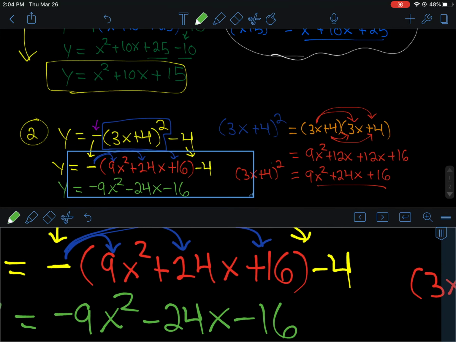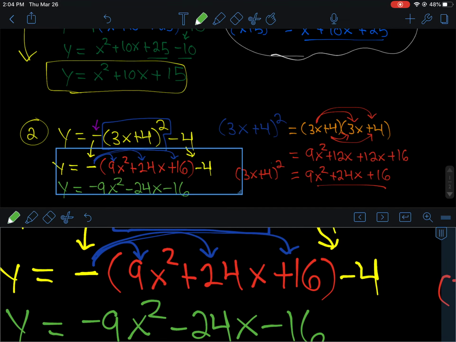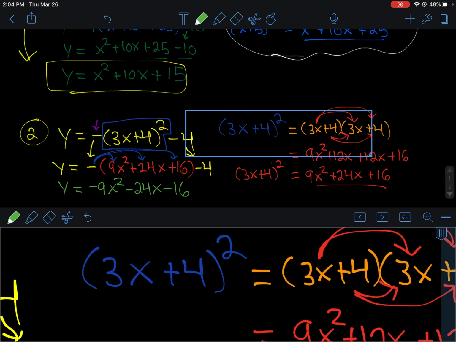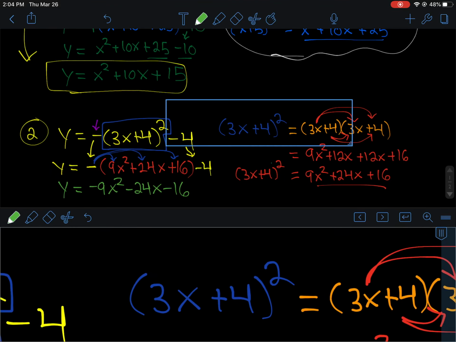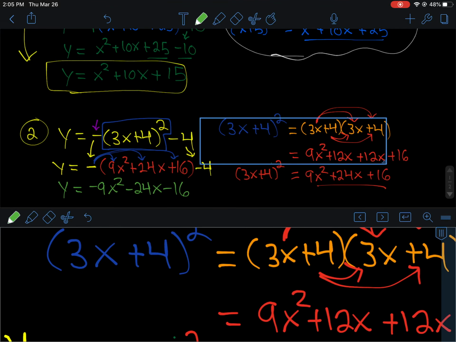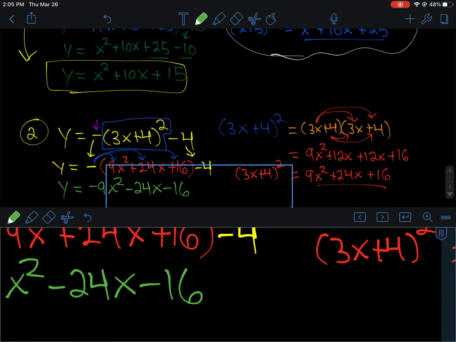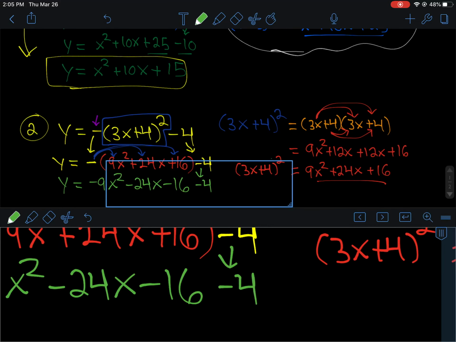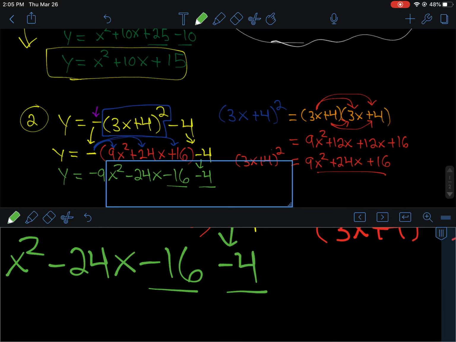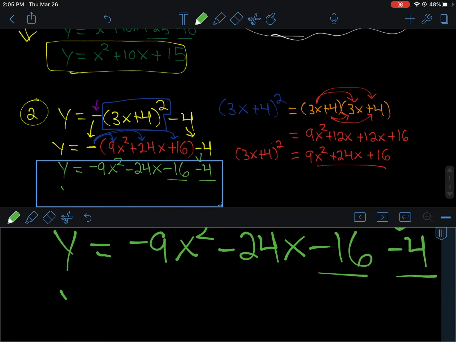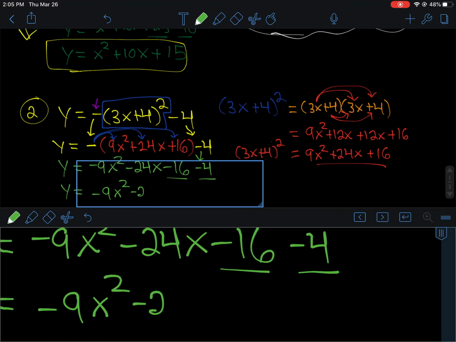So you really got to make sure you're focusing on distributing that negative after you expanded out your binomial square here, right? And don't forget, I still have that minus 4. So the last step is combining negative 16 and negative 4. So I got y equals negative 9x squared minus 24x minus 20 when you combine those terms.